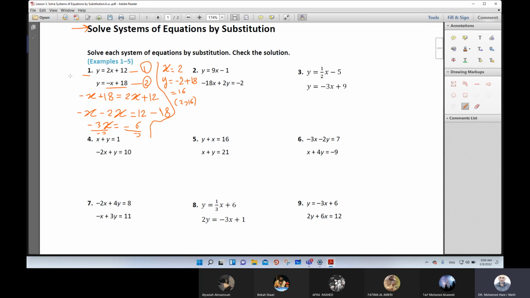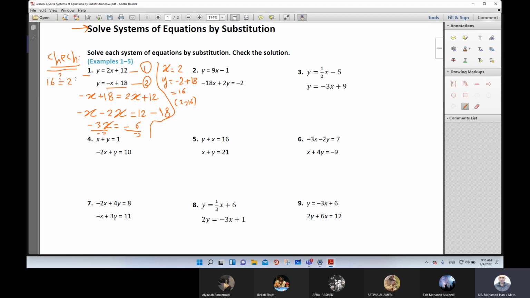Now we want to check if my work is true or not. Take the value of x and the value of y and substitute in the first equation or in the second equation. I will start from the first equation. What is the value of y? 16. Is 16 equal to 2 times x?